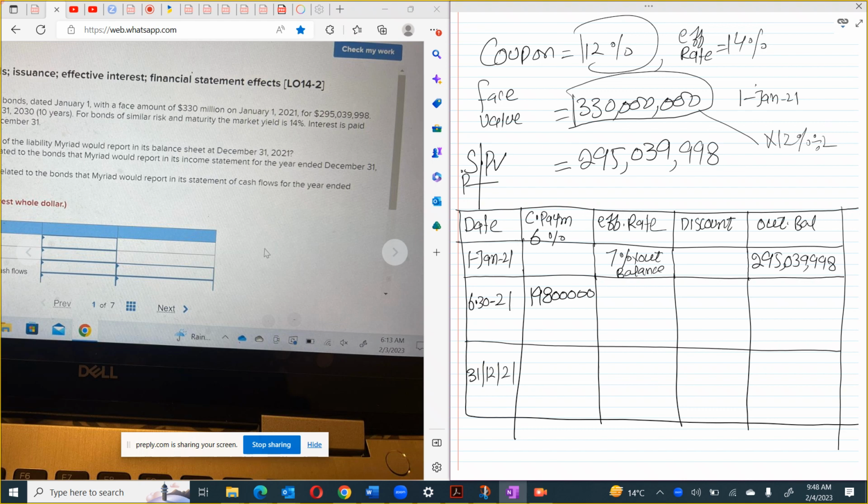So we have interest expense, we have bonds payable, at maturity. I think we need to change the format, then maybe the answer is correct.